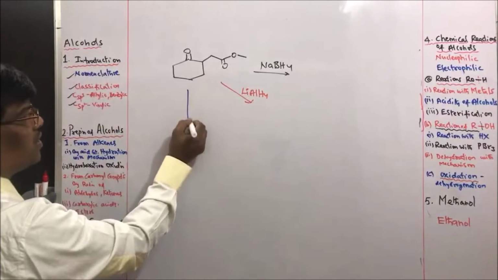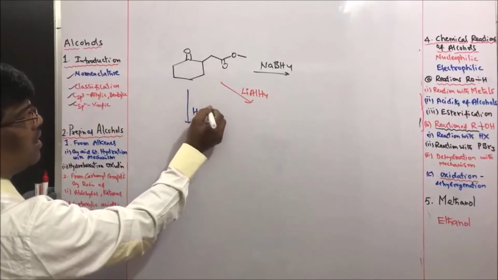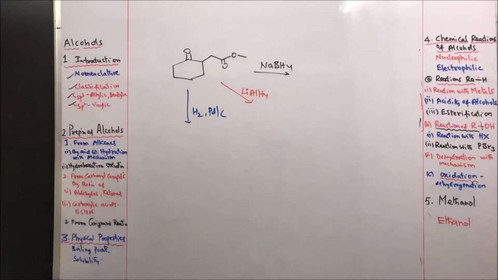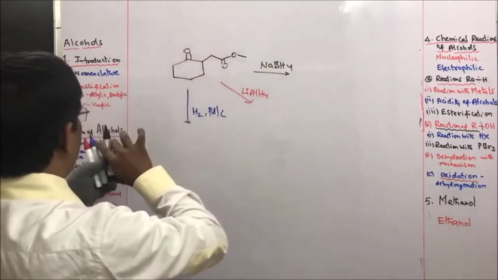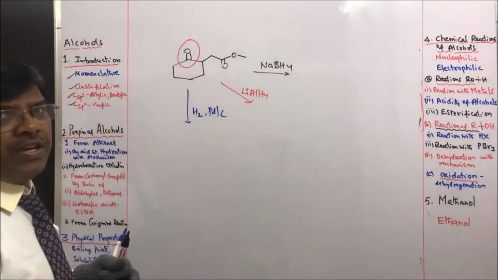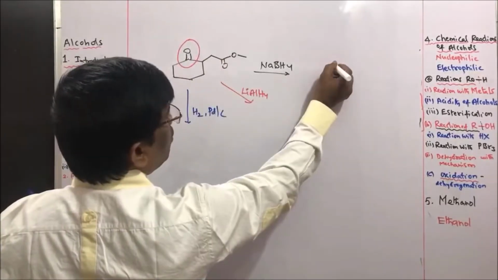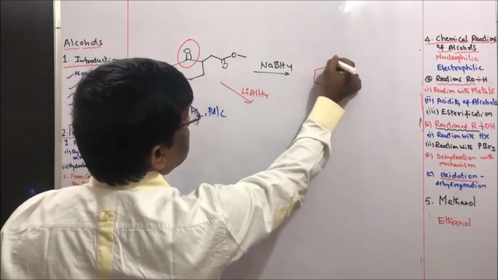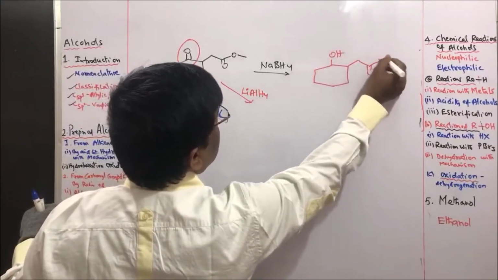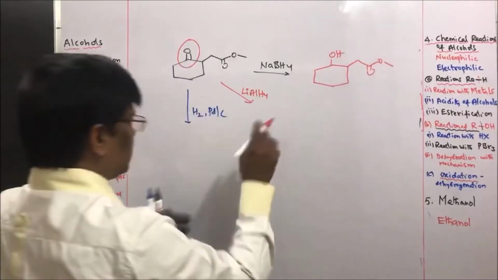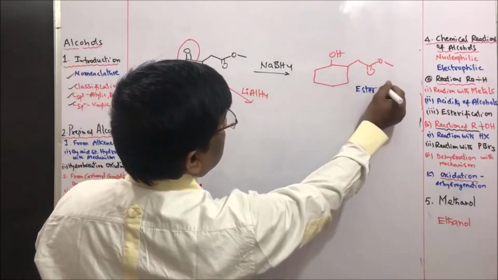And if I reduce it with hydrogen and palladium on carbon, what is the product? Yes, students. Sodium borohydride chemoselectively reduces the ketone group to give this alcohol, whereas the ester group is intact.